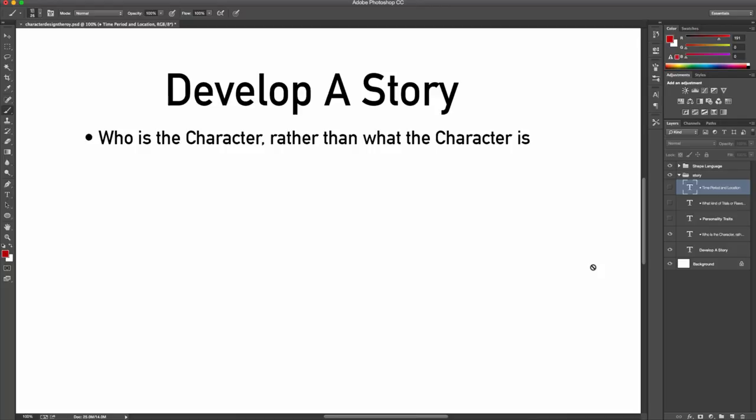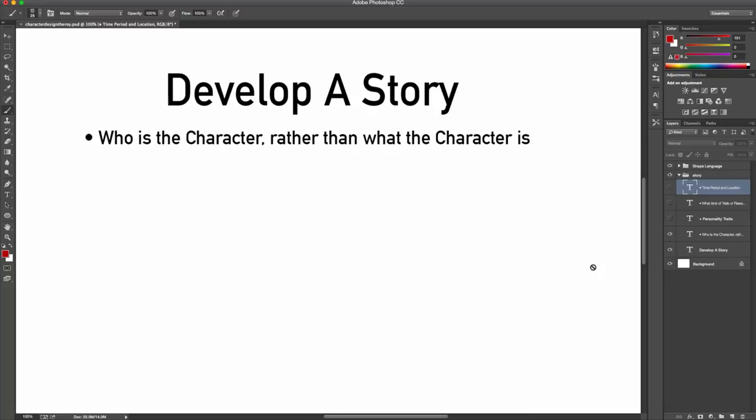For example, you don't want to just make an old man. I mean, you can make an old man, you can make him really wrinkly, you can garb up his clothing and give him a lot of grunge, but there's not going to be anything that says who that character is other than that's an old man.